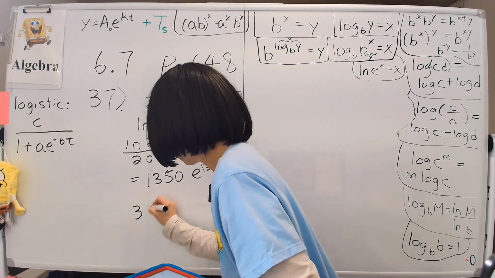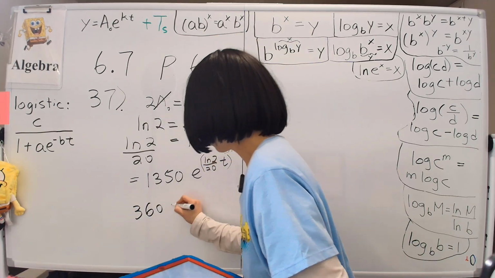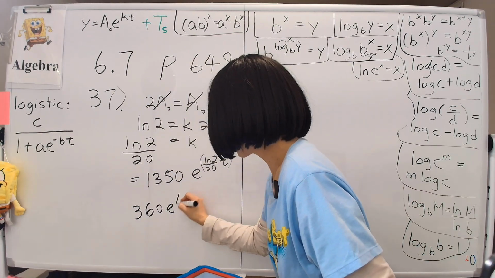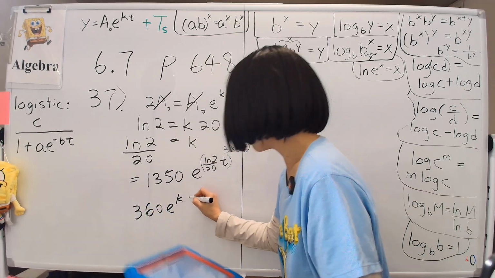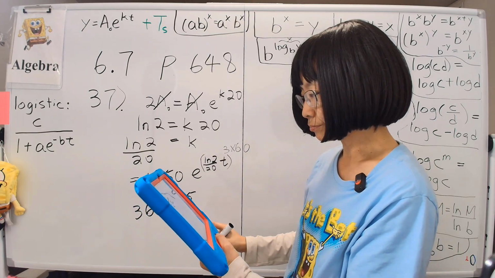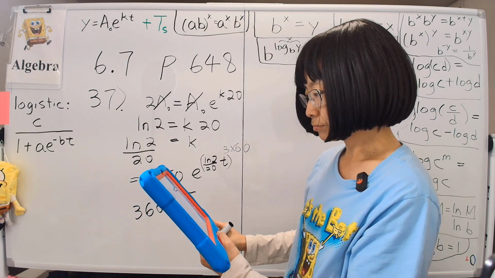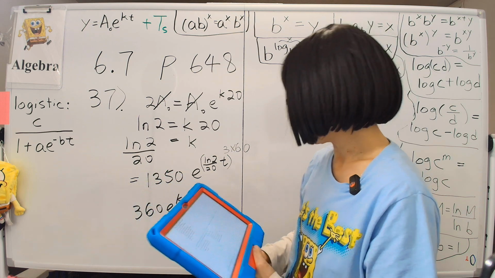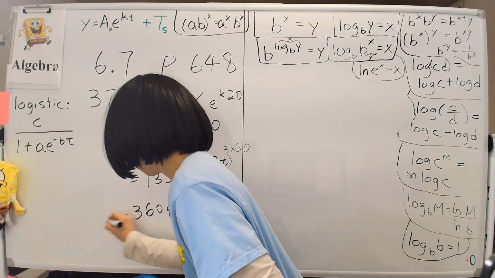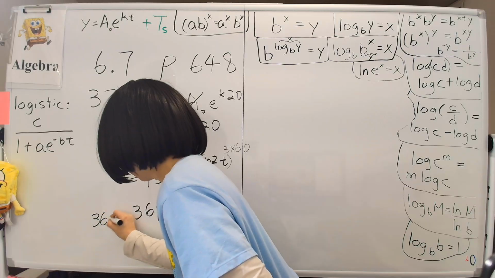So we have 360 bacteria following this formula: A0 e to the power k times 5 minutes. No, sorry, this is A0 e^(5k). This equals 360.